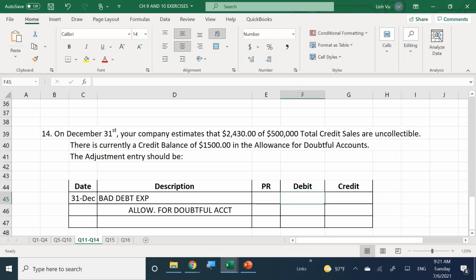Is it the 930? Not 930, no. Hmm. Let's take a look at this, okay? No, I'm sorry about that. It's 2,430 there. Perfect, right? In this case, which method am I using?